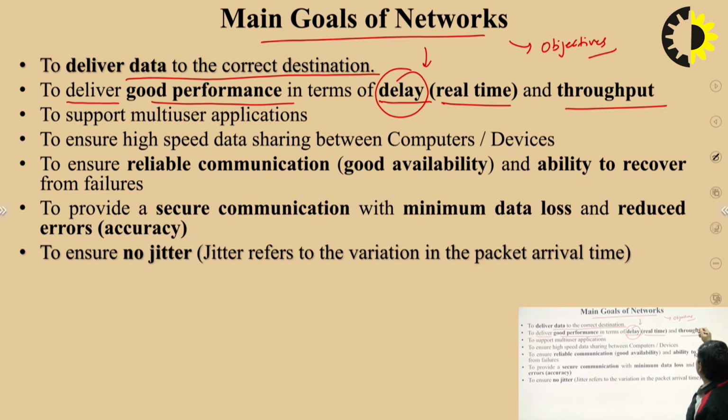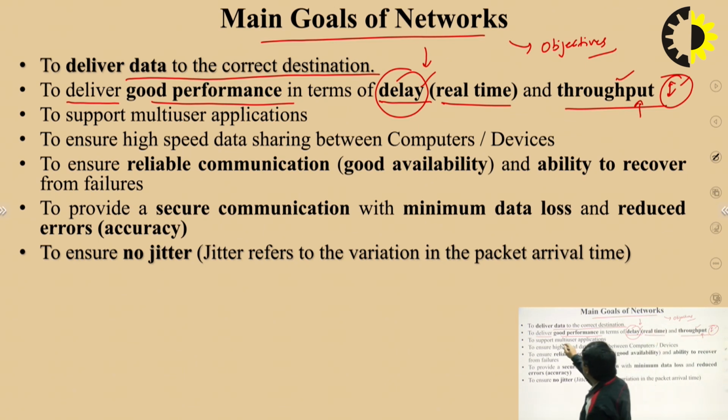Then we have throughput. The throughput of the system must be high so that the system can perform very well. This is the measure in terms of data output. So a good performing network will have minimum delay and high throughput. A network should also support multi-user applications.